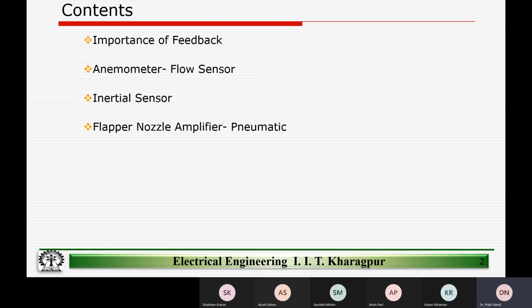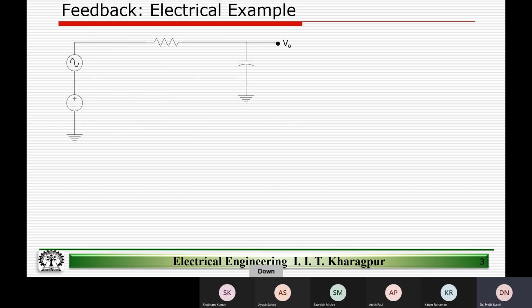Based on all these four different concepts, we will try to establish why feedback is essential and what the impact is. From the mathematics that you have seen in control systems, we are going to study how it is going to impact actual systems in real life.